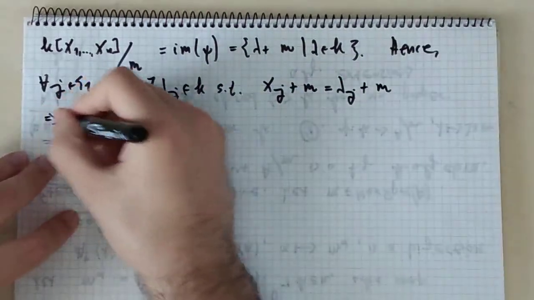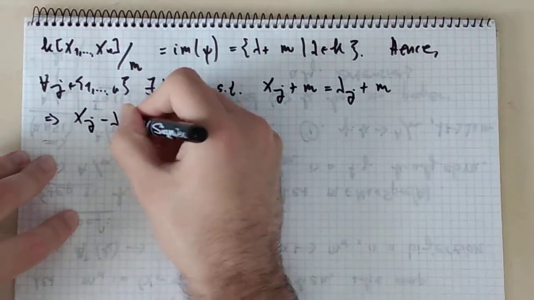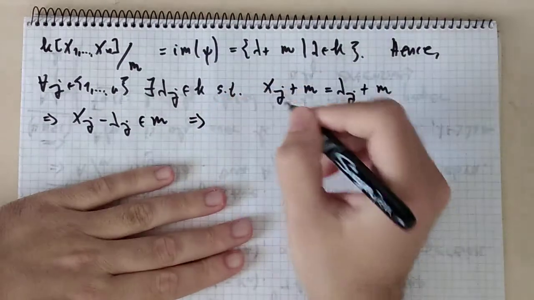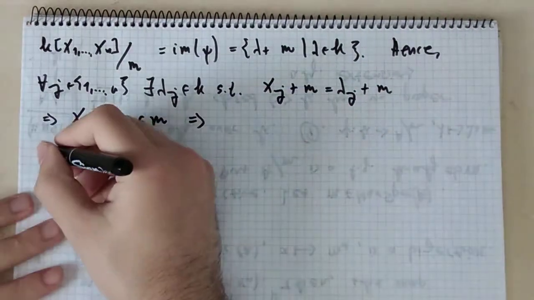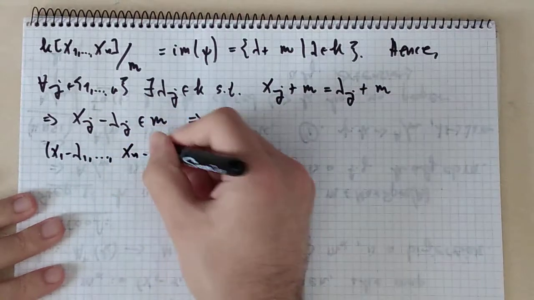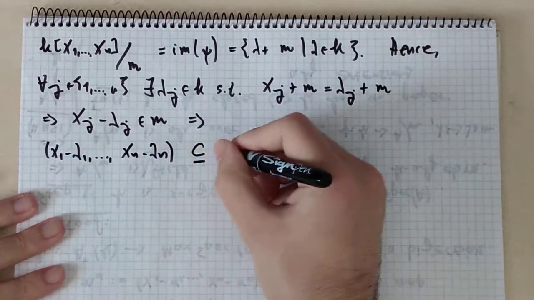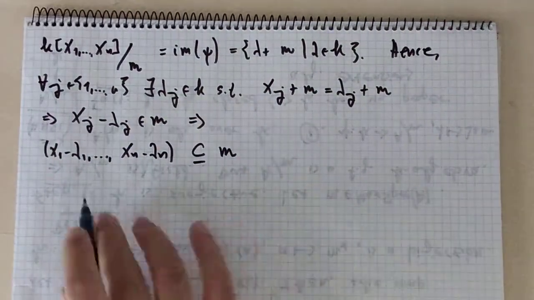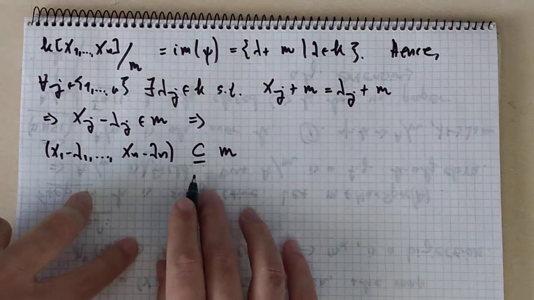Which implies that xj minus lambda j has to be an element of m, which of course implies that this ideal over here has to be a subset of M, right? Since this is true for every j, we get this inclusion over here.